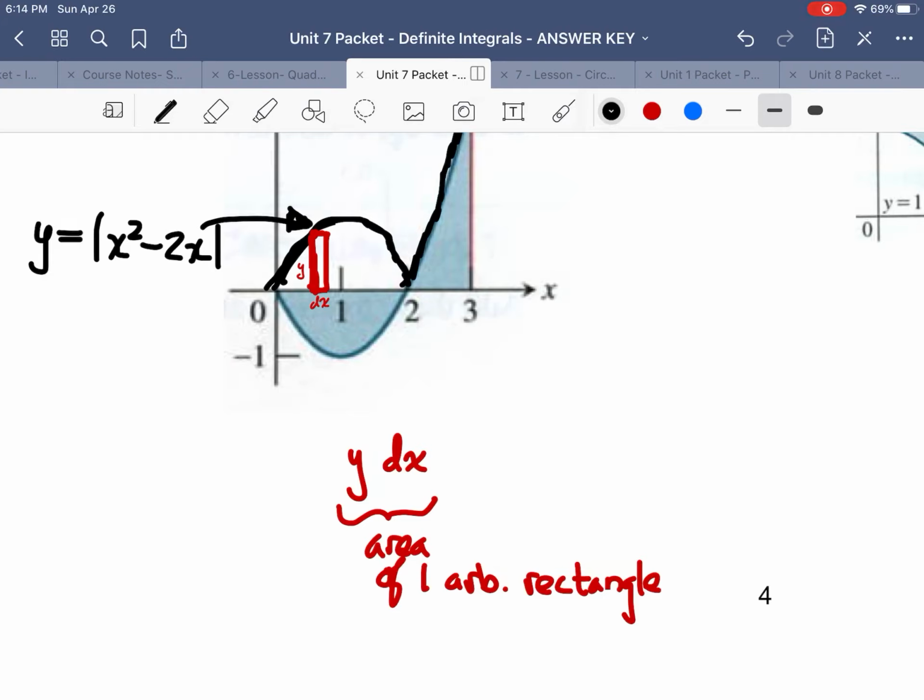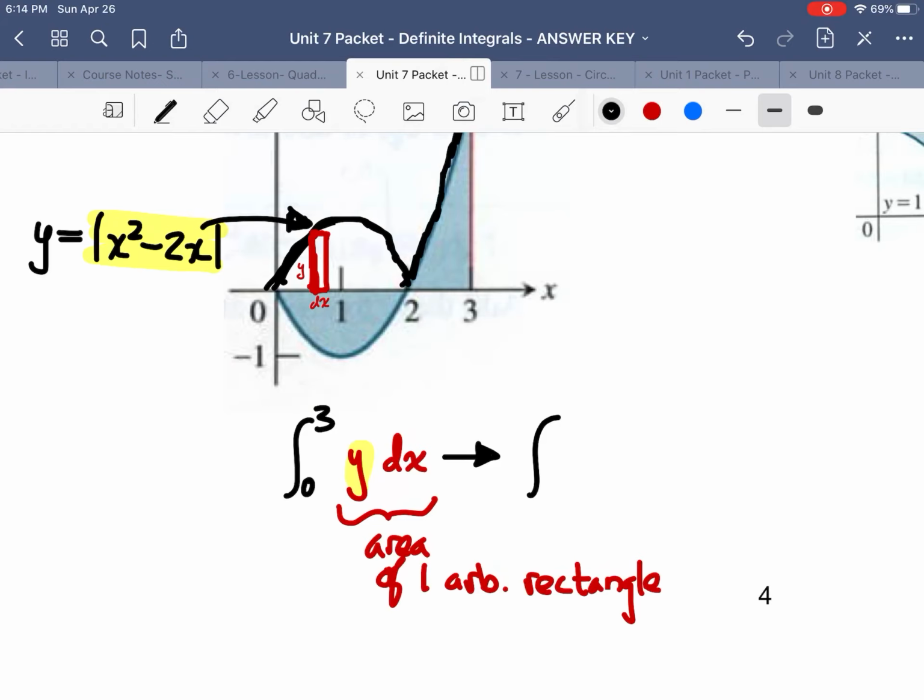What an integral does is it integrates all possible arbitrary rectangles from the beginning of your interval to the end of it, puts it all together, and then gives you that sum total area. All right, so we have a y and we have a dx. But we know what y is equal to. y is equal to x squared minus 2x as an absolute value.